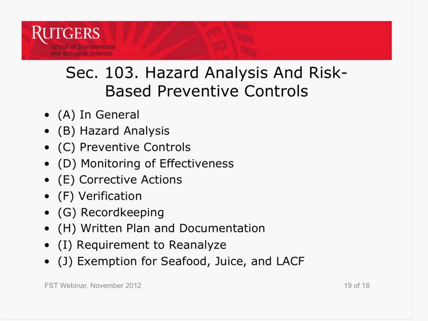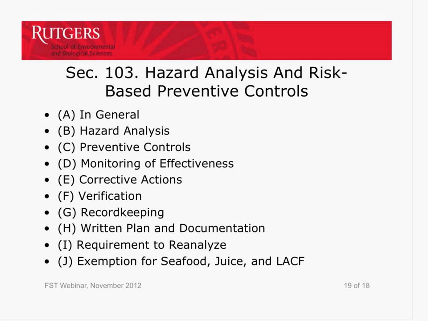What I want to talk about now is food safety, first of all FSMA, and then also the Food Safety Preventive Controls Alliance. If you have not read the law in FSMA, I would encourage you to read it. Specifically, go and read Section 103, which is entitled Hazard Analysis and Risk-Based Preventive Controls. If you look at this section, it does not ever mention the word HACCP.